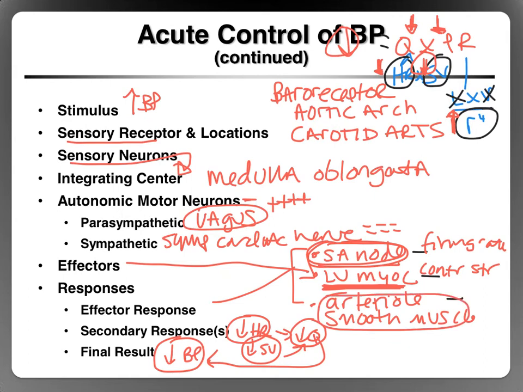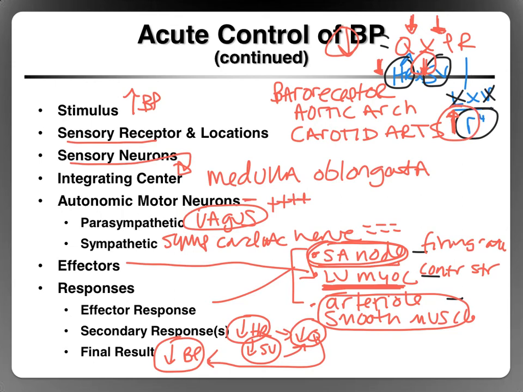The arterial smooth muscle, like the left ventricular myocardium, does not receive parasympathetic action potentials. It only receives sympathetic. So if you want the arterial radius to go up, we need those arterioles to relax.